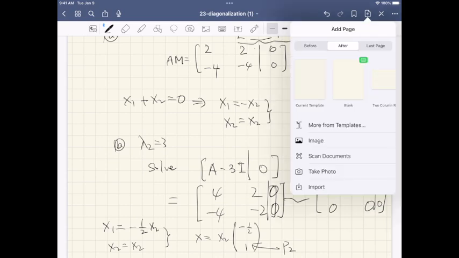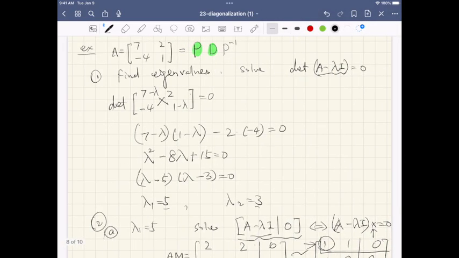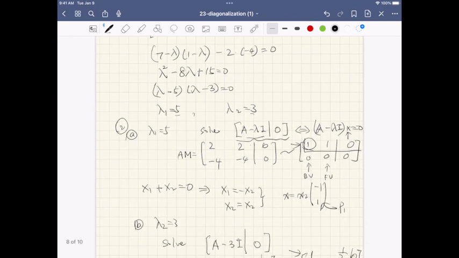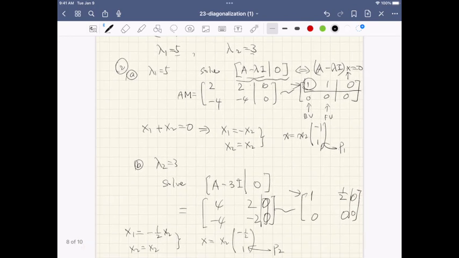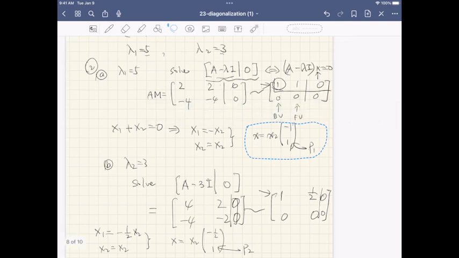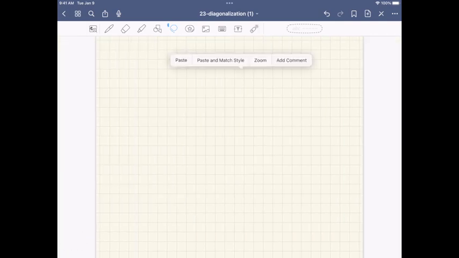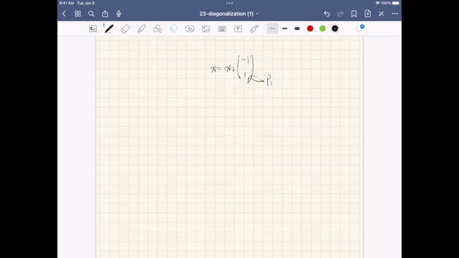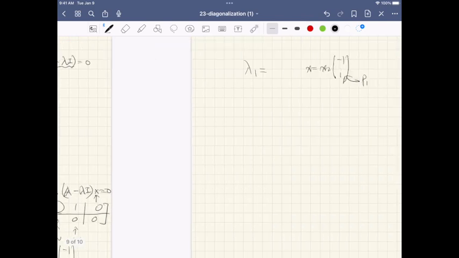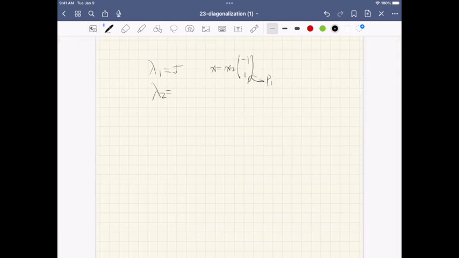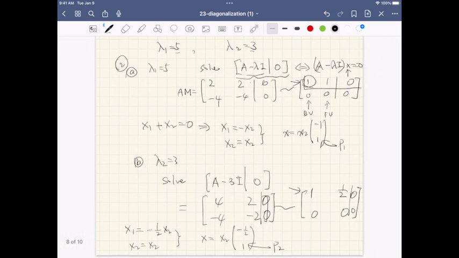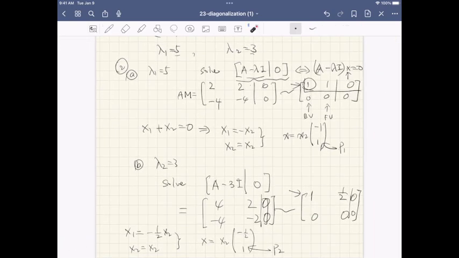All right, now the last step is just to put them together. For lambda 1, which is given by 5, and lambda 2, which is given by 3, we have negative 1 half, 1 for lambda 2 equals 3.